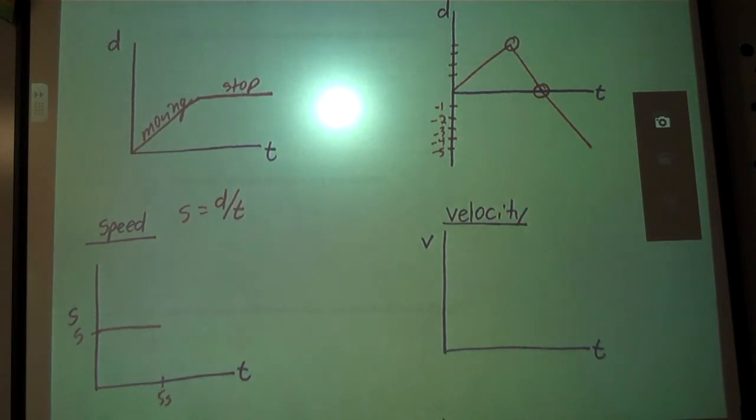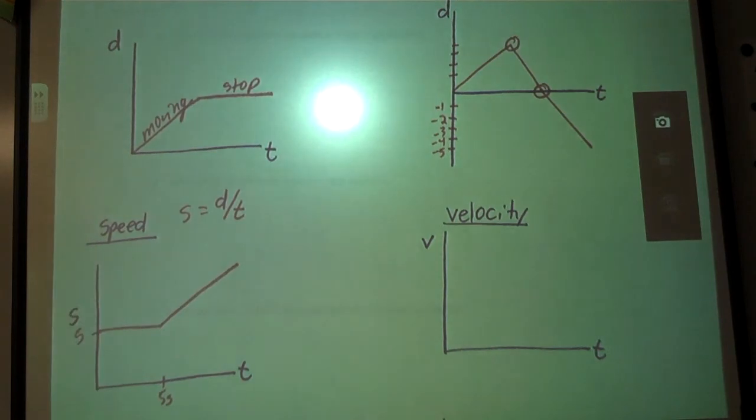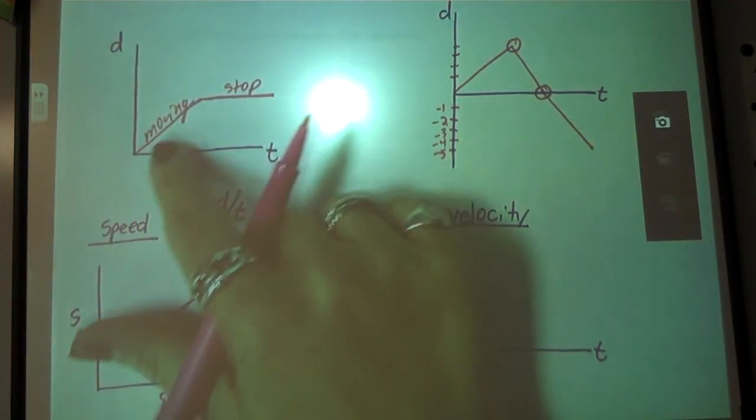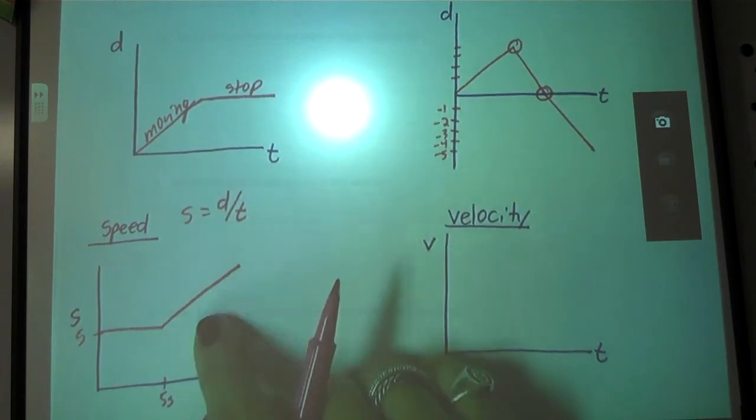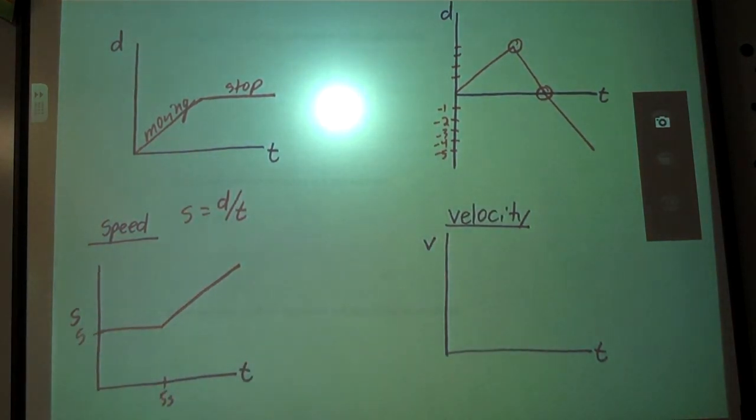Let's say from there you need to accelerate onto an on-ramp. That's a new word. Acceleration is a change in that speed. If I am going faster, that means my speed is increasing over that period of time. So again, a sloped line means a change in my y function. Up here, sloped line, this was a change in my distance. Down here, speed, this is a change in my speed.